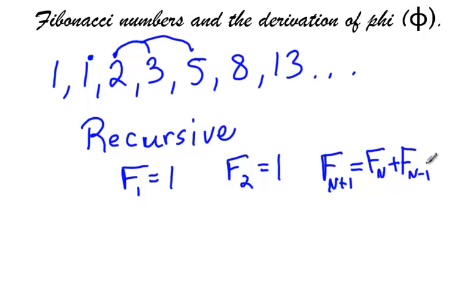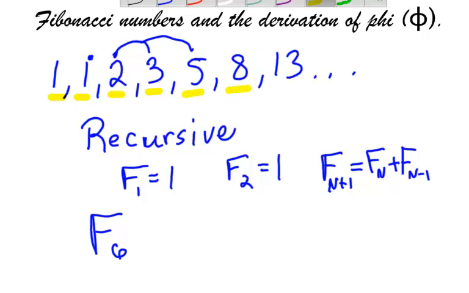Now sometimes the subscripts confuse people, so let's look at some of those. F sub 6. Well, the little 6 just says to pick the 6th Fibonacci number in the line. So 1, 2, 3, 4, 5, 6. F sub 6 is 8. Let's try another one.